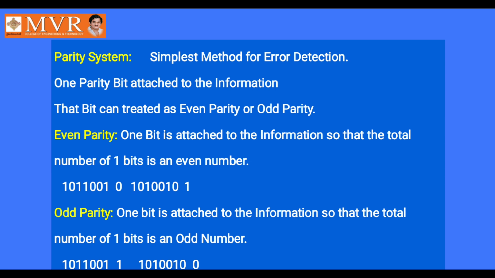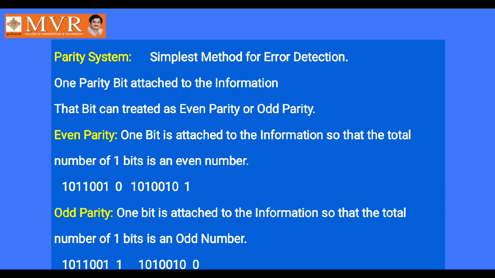In the even parity method, all the ones in the data should be an even number. So in the 7 digits, how many ones are there? 4 ones are there. 4 ones means an even number of ones. So to make it even parity, we add an extra 0. Even after adding the extra 0, the total number of ones should be even only.